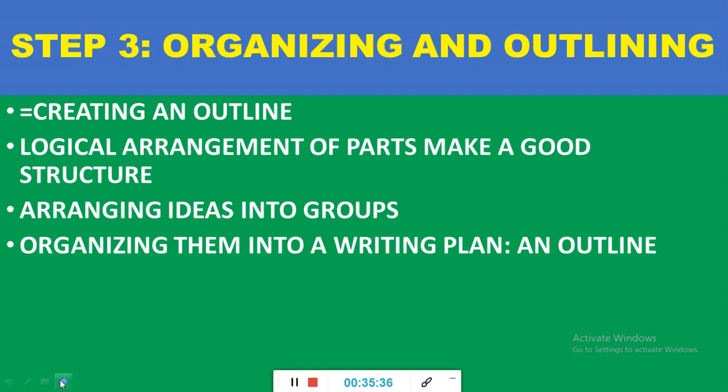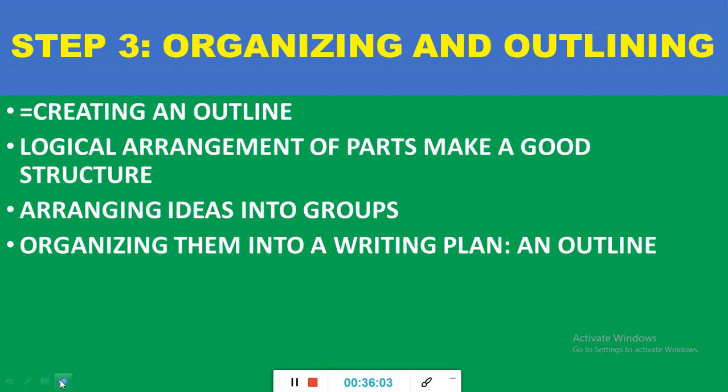All right, if you are writing a speech, the features are also different, but then we have certain parts that are really common to all of them. And this is the structure of three main parts: the introduction, the body, and the conclusion. You need to arrange the parts to make a good structure.